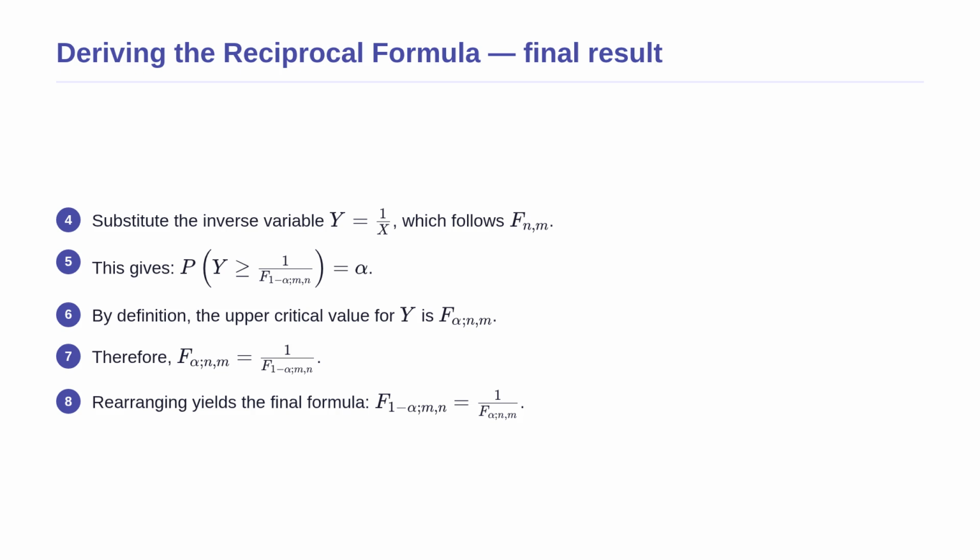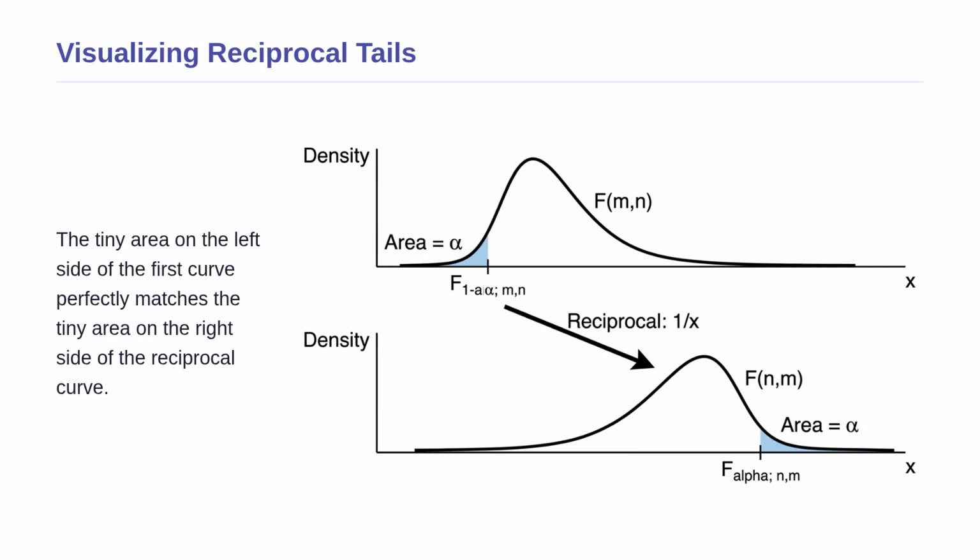But wait, by definition, the specific number that has an area of alpha to its right is called the upper critical value, written as F sub alpha for n and m. Because both this upper critical value and our flipped fraction leave an area of alpha to the right, they must be the exact same number. Setting them equal and rearranging gives us our final magical relationship. So we have proven that this relationship holds mathematically.